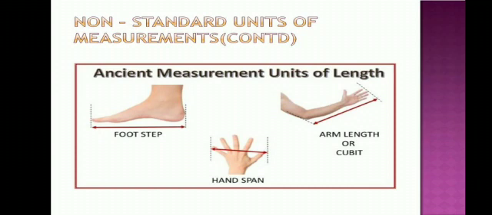The distance between the elbow and the tip of the middle finger is called cubit. Yard. Distance between the end of the outstretched arm and the chin. Mutti, that is our fist. Angul, width of one finger. These are all the ancient measurement units of length.